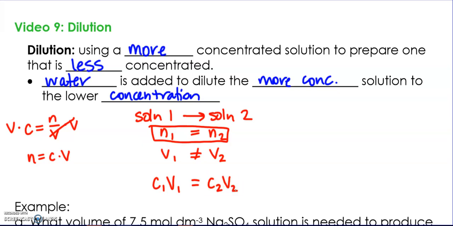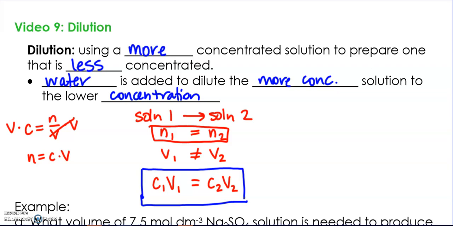Like I said, the volumes won't equal each other, neither will the concentrations. But when you multiply them, you will get two values that will be equal because those are your moles. So this is my formula. And when it comes to which one is 1 and which one is 2, it doesn't matter. All that matters is you have the right volume with the correct concentration.